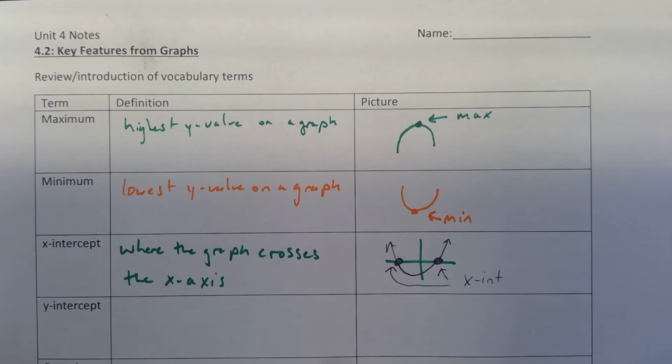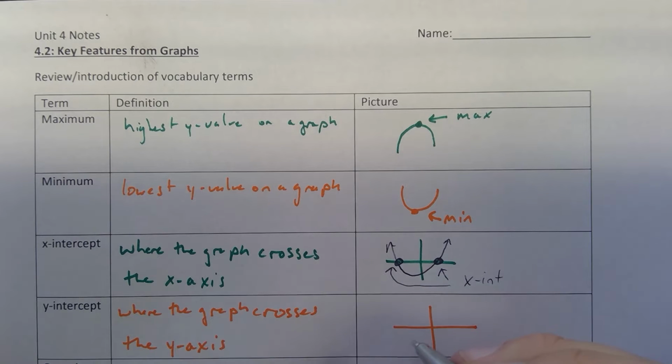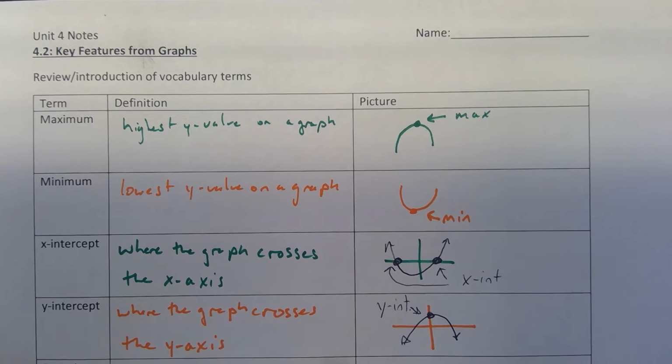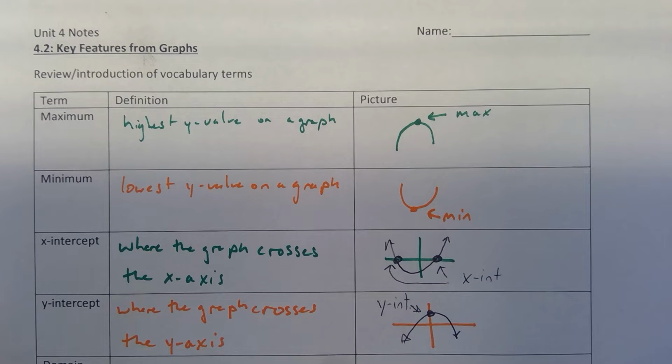Now for our y-intercept, it's going to be where the graph crosses the y-axis. And then we'll draw another picture here. And then there's our y-intercept.